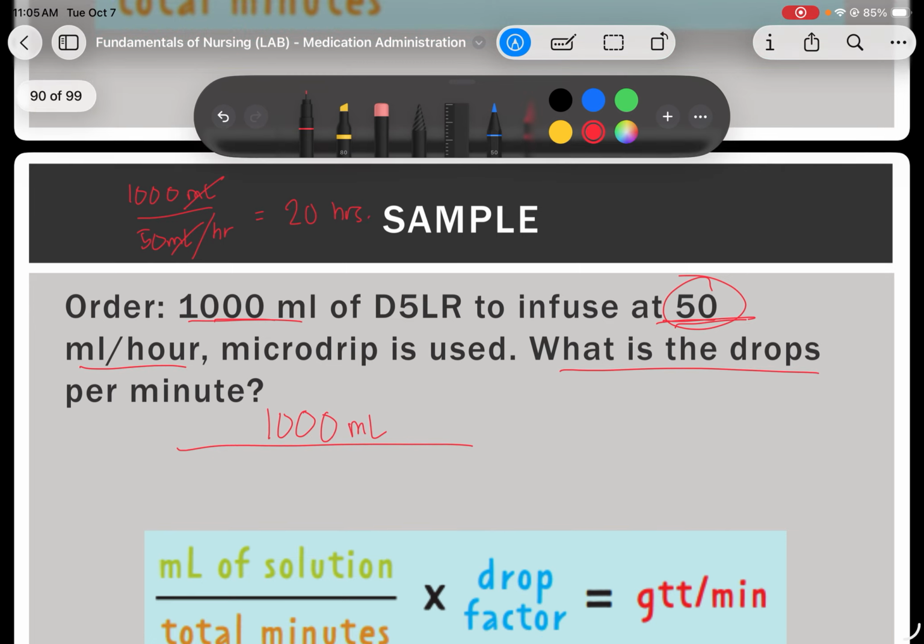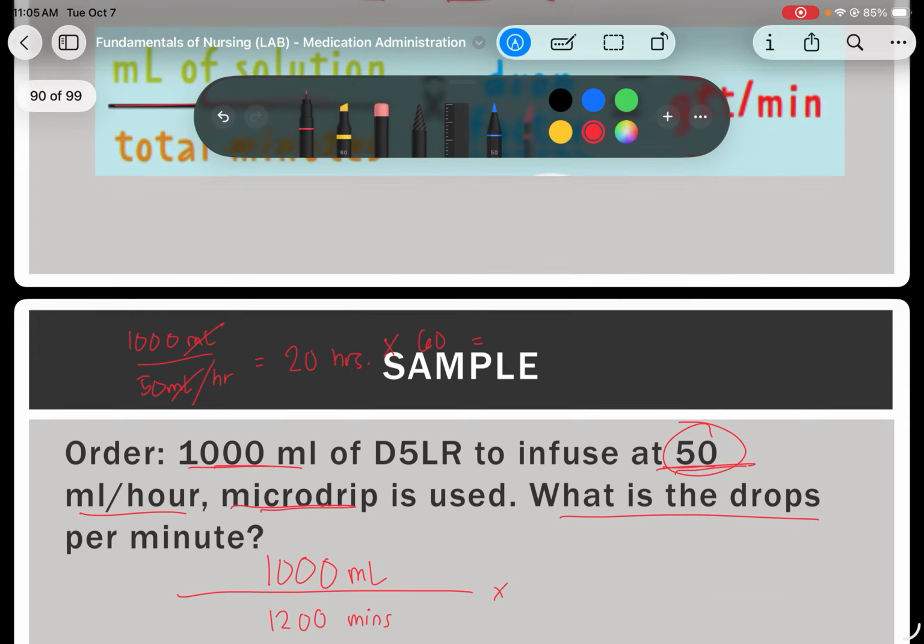That is my total number of time, the total time required to infuse this IV fluid. However, it's not minutes yet. So we need to multiply it by 60. 20 times 60 is 1,200 minutes.